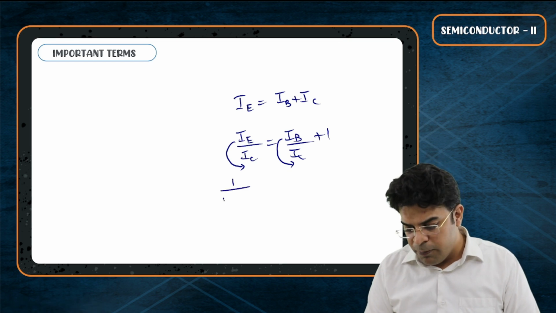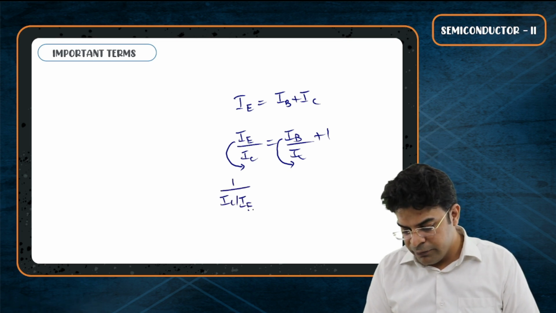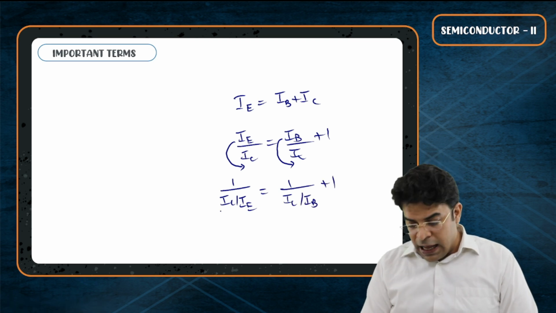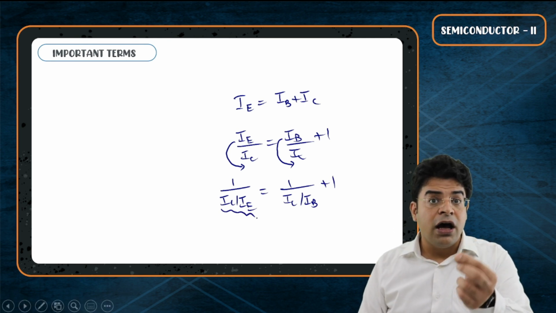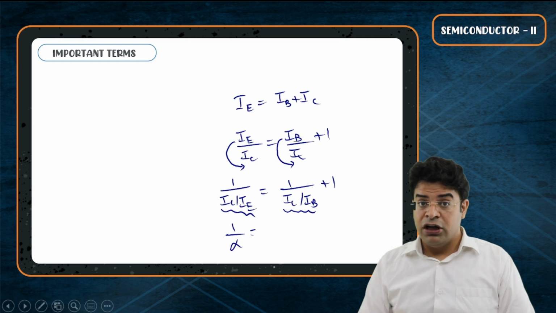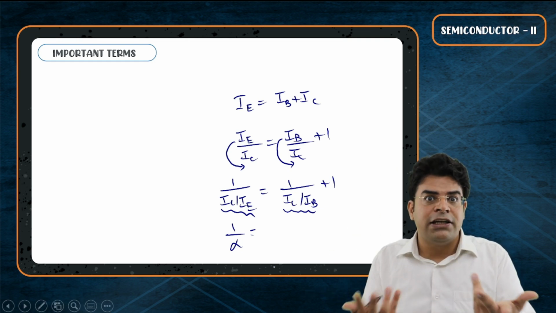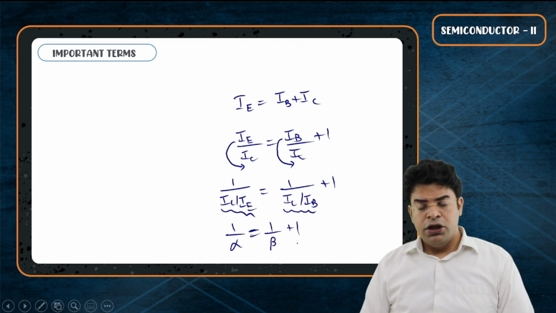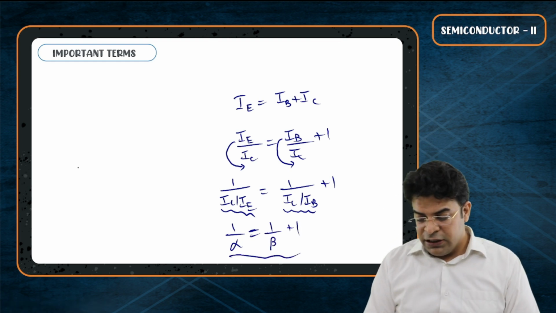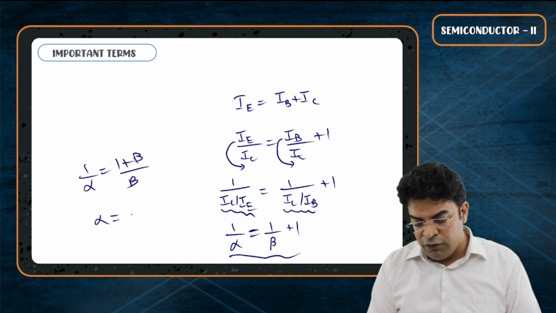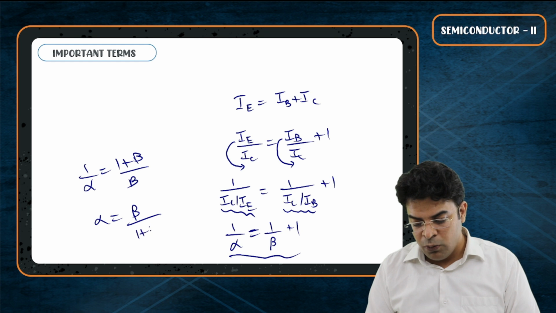So you get 1 upon IC by IE equals 1 upon IC by IB plus 1. IC by IE is nothing but alpha, and IC by IB, the output current upon the input current, is nothing but current gain beta. So you get 1 upon alpha equals 1 upon beta plus 1. So from here you can say, kids, that 1 upon alpha equals 1 plus beta by beta, or alpha comes out to be beta upon 1 plus beta.